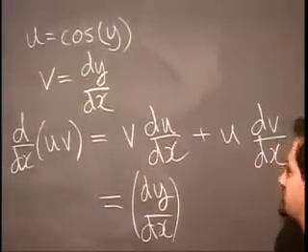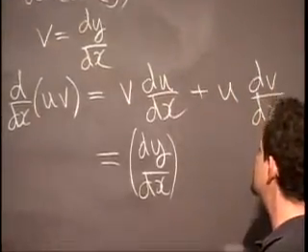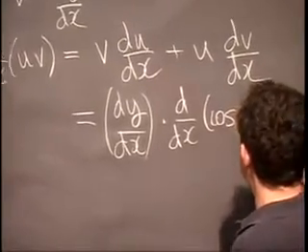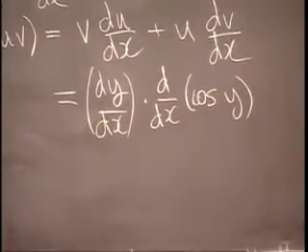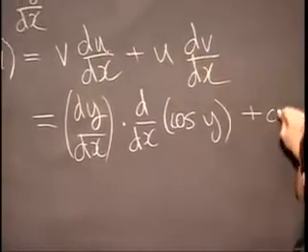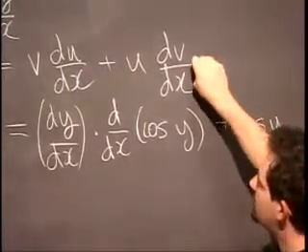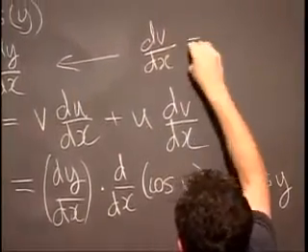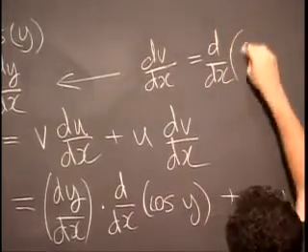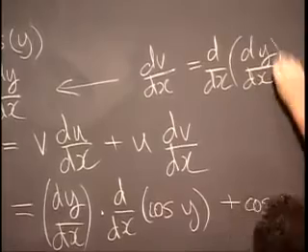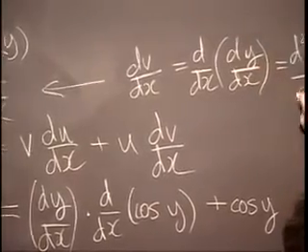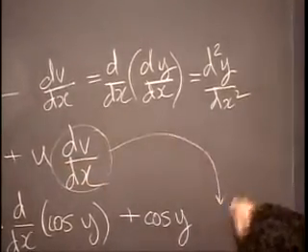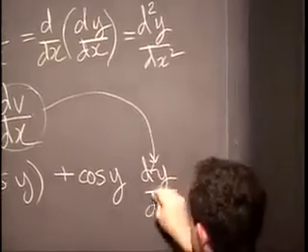Well, unfortunately, u is already cosine y. So we're going to have another implicit differentiation, which we'll do in a second. On the other hand, u is cosine y. And what is dv dx? Let's just write this down. dv dx is the derivative of dy dx. And of course, the derivative of the derivative is the second derivative once again. So this dv dx here becomes the second derivative, d2y dx squared.